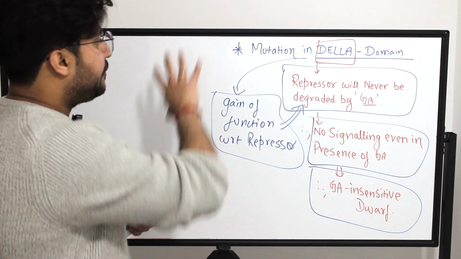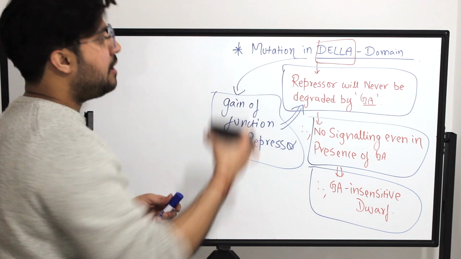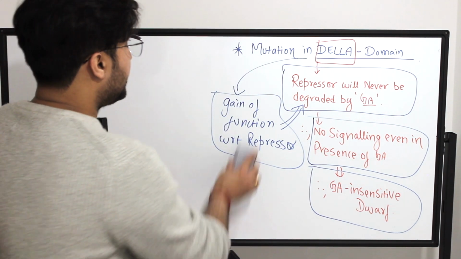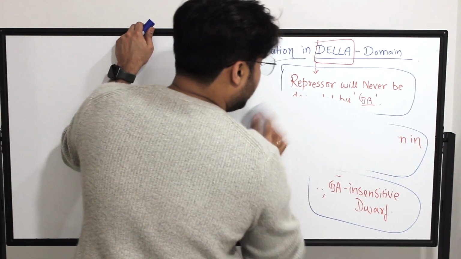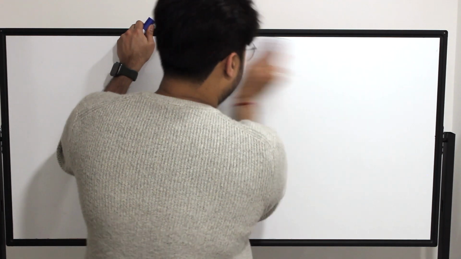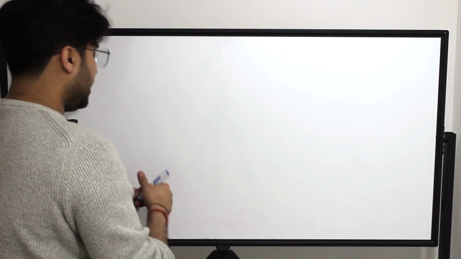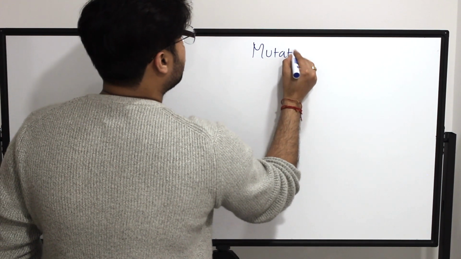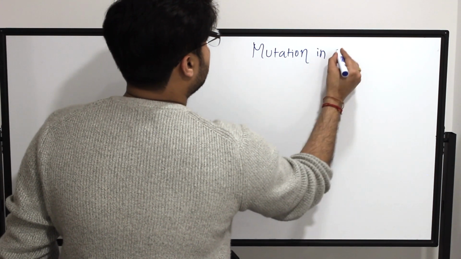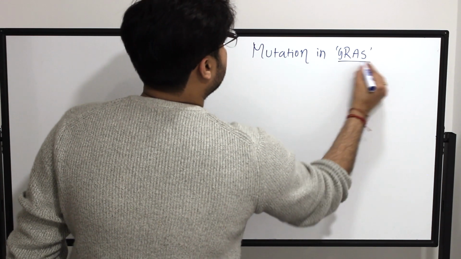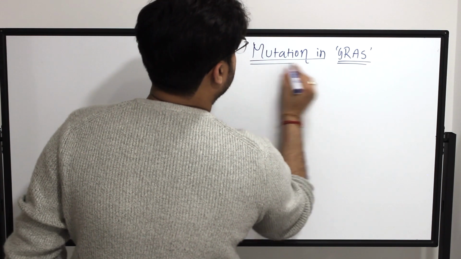Now if this is the case for a mutation in the DELLA domain, let's try to understand what is going to happen if there is a mutation in the GRAS domain, and then we will finish off this topic. So my next question is, what is going to happen if there is a mutation in the GRAS repressor domain? First of all, please try to understand.